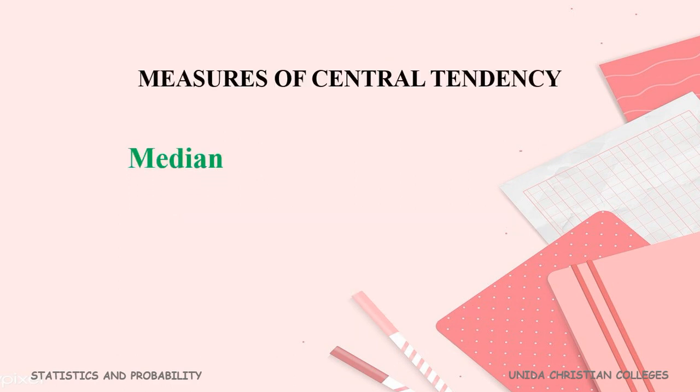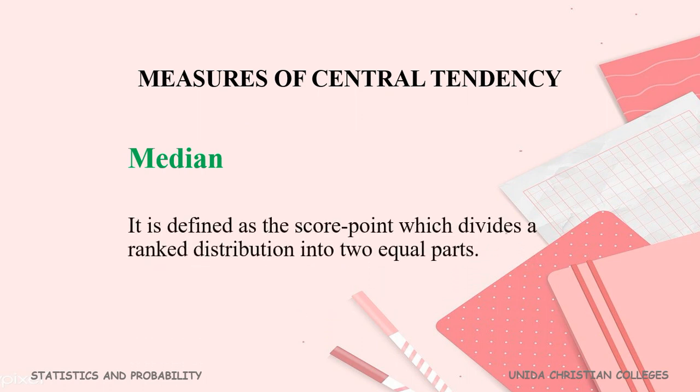let's have the second measure of central tendency, which is the median. So for the median po, it is defined as the score point which divides a rank distribution into two equal parts. So si median daw, hinahati nyo po yung ating given na distribution sa dalawang equal na parts.